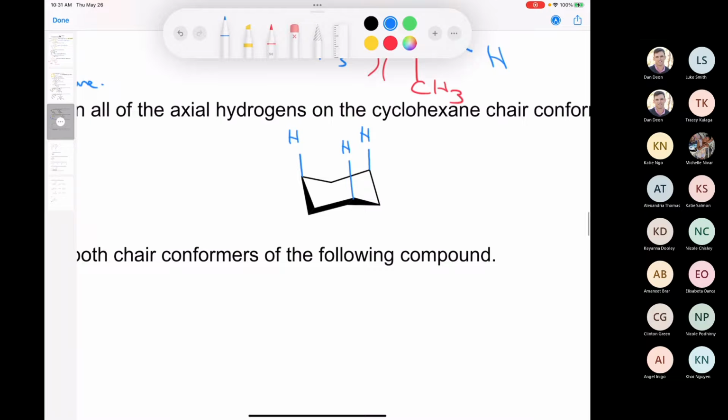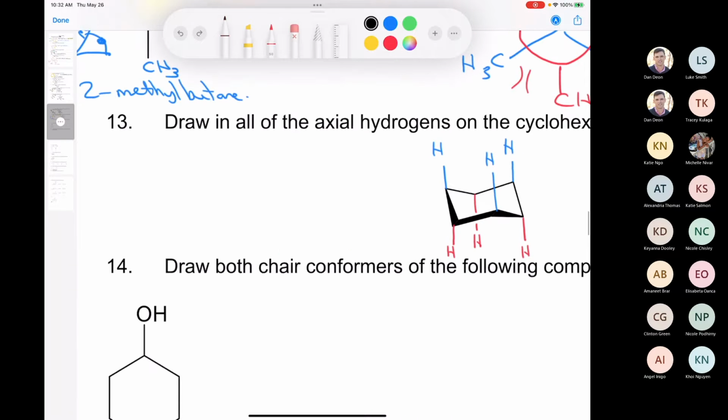We alternate up an axial, and then next is going to be down an axial. Then blue is up an axial, then down an axial, then blue is up an axial, and then red is going to be down an axial. I like to kind of break the bond here to show that this bond is behind this shaded bond here. But there you go. Those are all the axial positions.